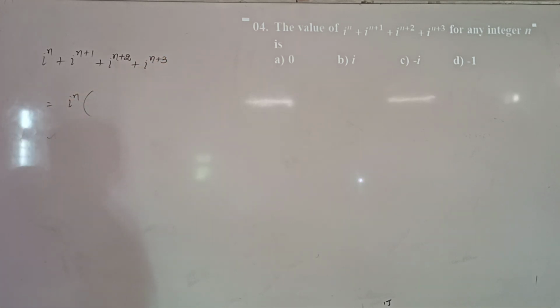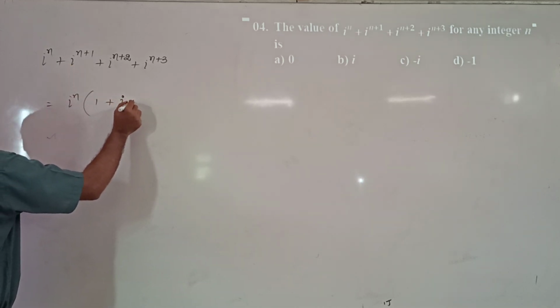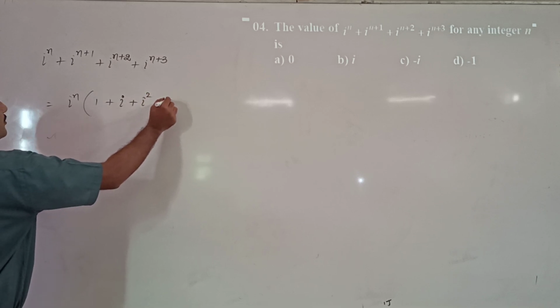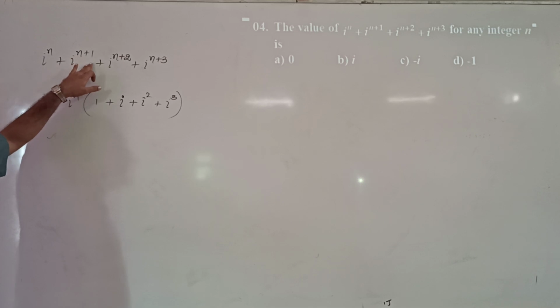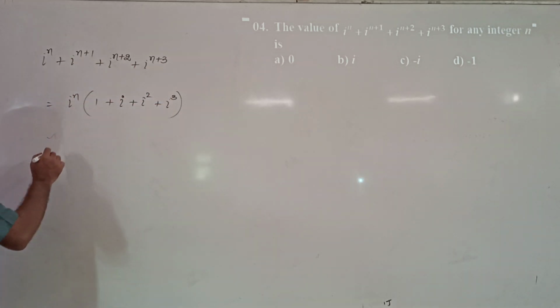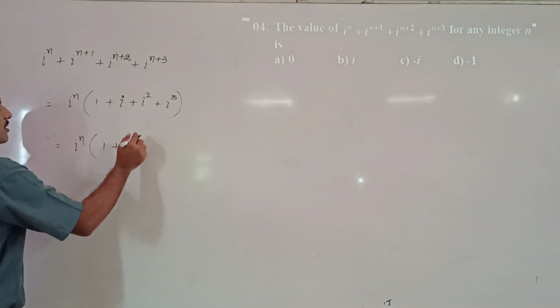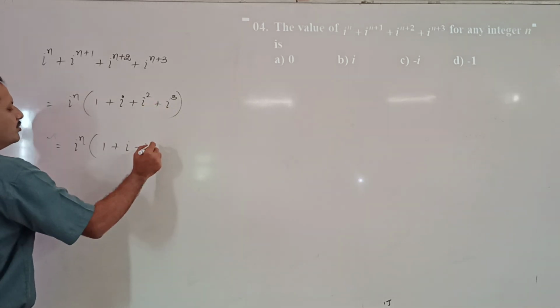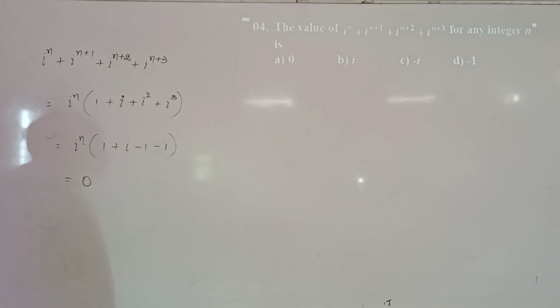Then here we will have 1 plus i plus i square plus i cube. I am writing i^(n+1) as i^n into i, this is i^n into i square, this is i^n into i cube. That's equal to i^n into (1 plus i square, which is minus 1, i cube is minus i). i gets cancelled, 1 gets cancelled. i^n into 0 is equal to 0.